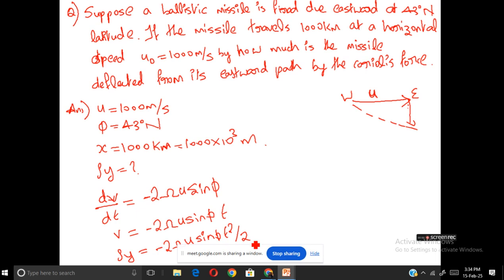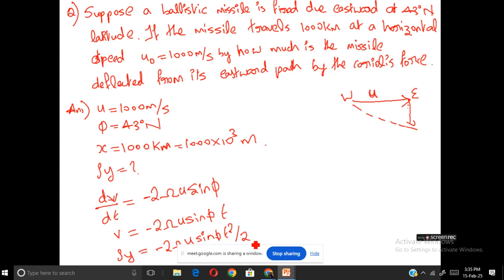Now we know the value of omega, the angular velocity of the earth, which is 7.29 into 10 raised to minus 5. The value of u is given, 1000 meter per second, but we don't know the value of t, the time since the missile was fired from its origin.